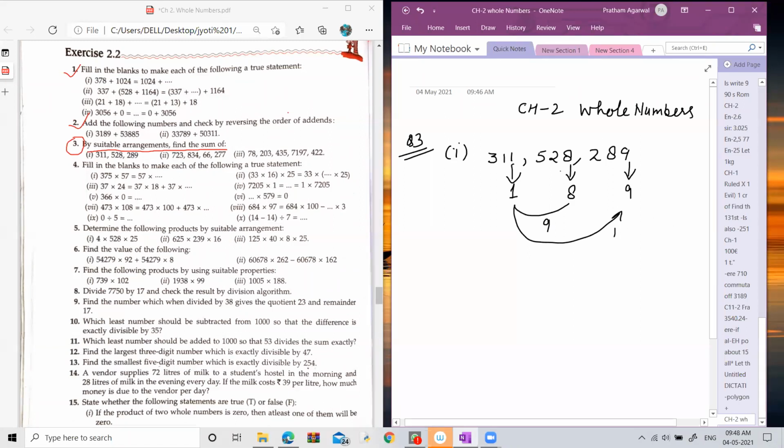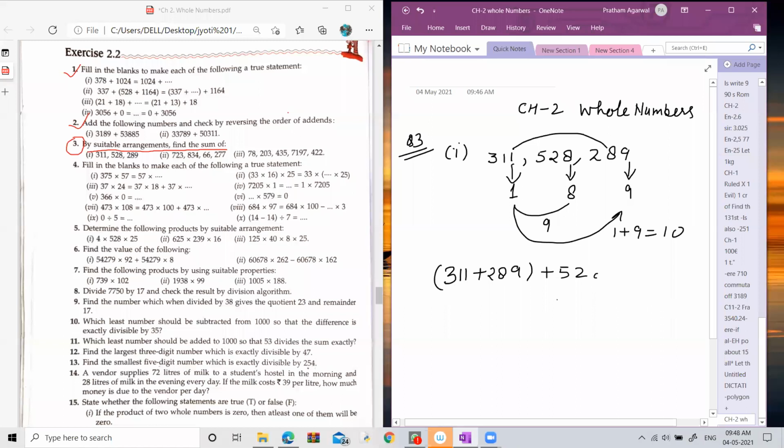It means you have to make the pair of 311 with 289. So I'm making the group of 311 with 289. And then write the next number, which is 528. Now add these two numbers.